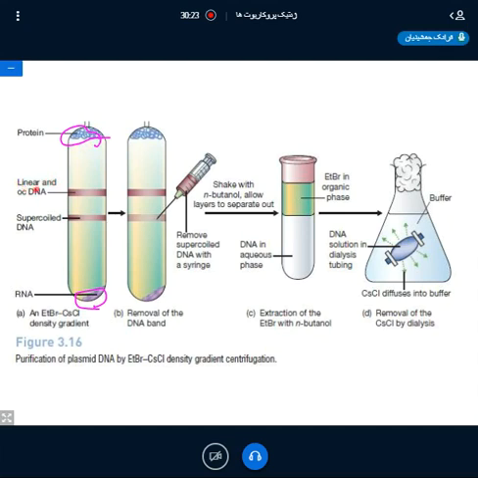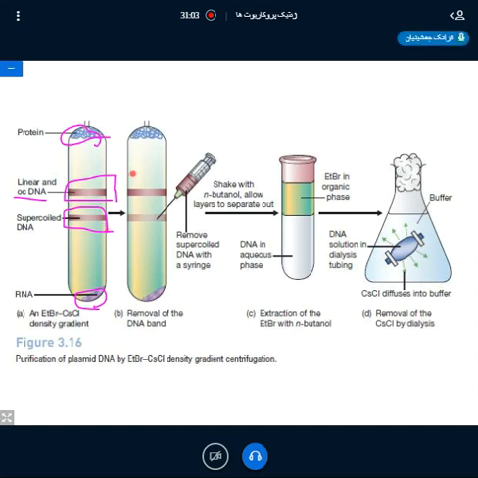The linear bacterial DNA, because it is open circular, changes its density and goes upper. But the supercoiled DNA, because it is denser and doesn't change the density, stays here. Understand this?